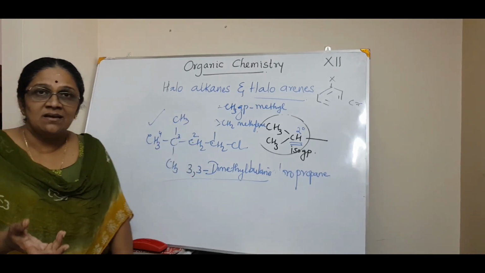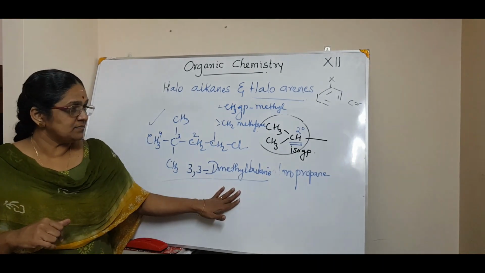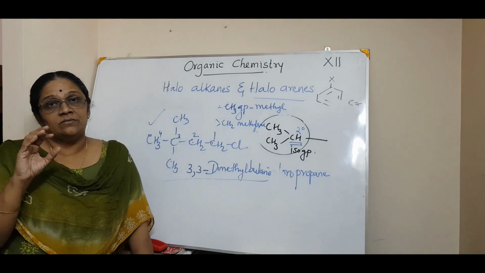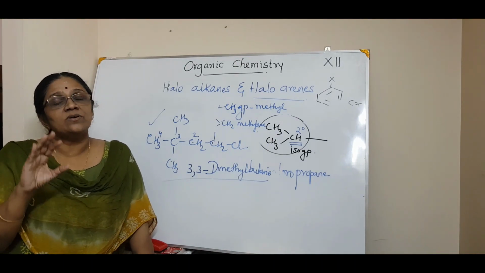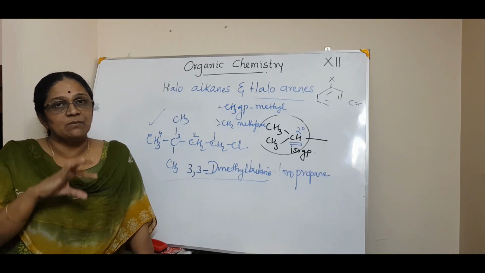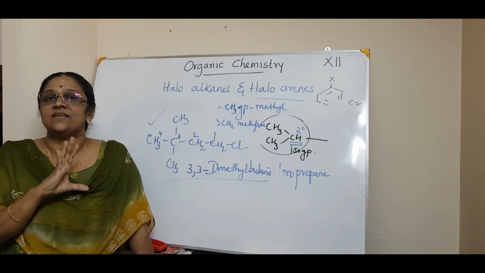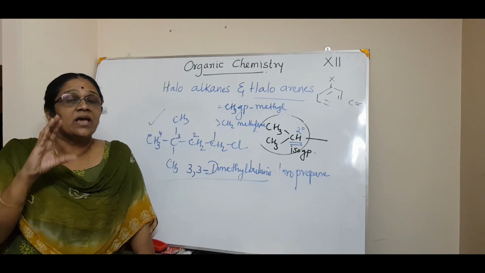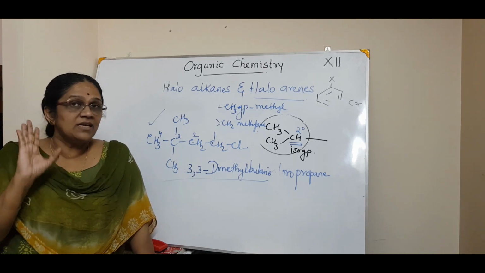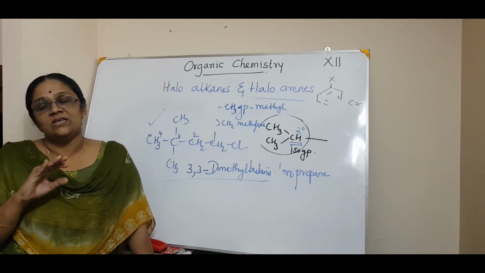In the next class we will see some more examples. Till then, read the textbook thoroughly, because this is the first chapter in organic chemistry. If you do this chapter very sincerely, I will tell you organic chemistry will be very easy for you. Otherwise, it will be very difficult. Okay, so please do it.